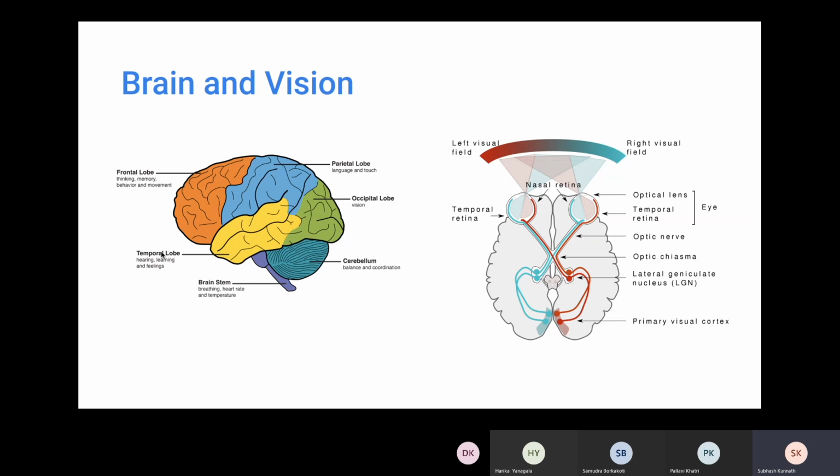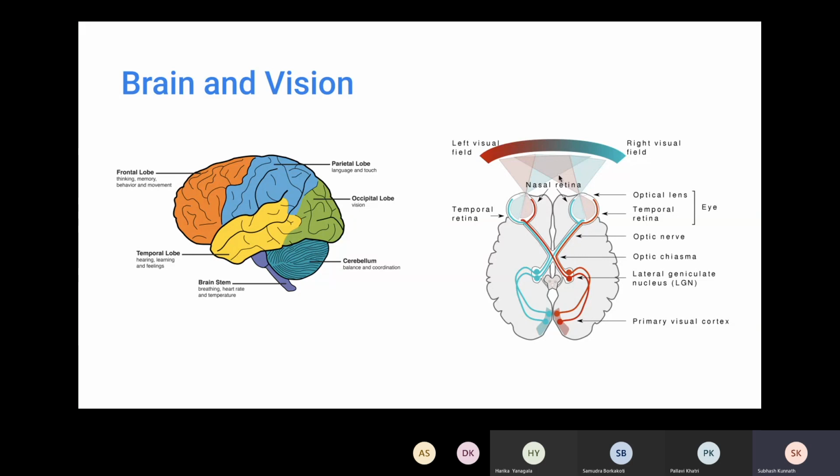So the brain has somewhat of a spatial localization of functionalities. It's the occipital lobe at the posterior side of the brain which takes care of the vision, the processing of the visual information. And you can see this is the top view of the cross section of a brain, and you see two eyeballs.